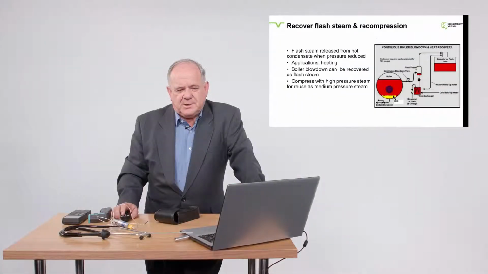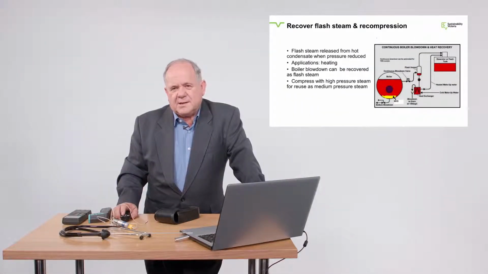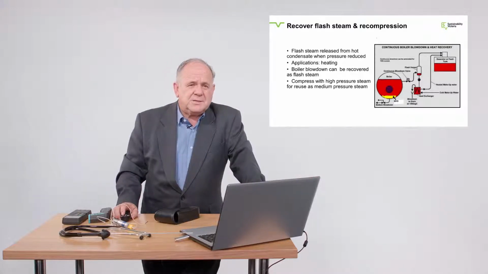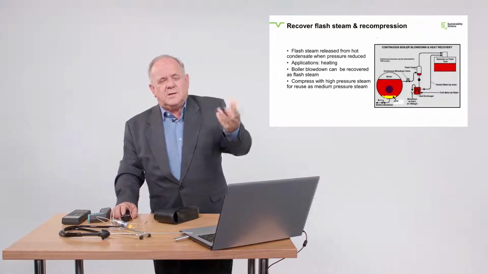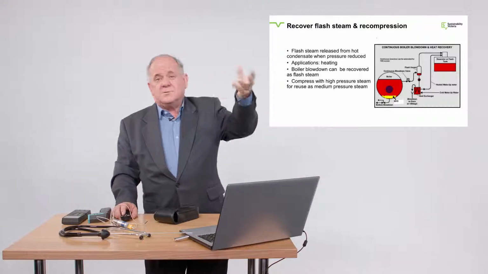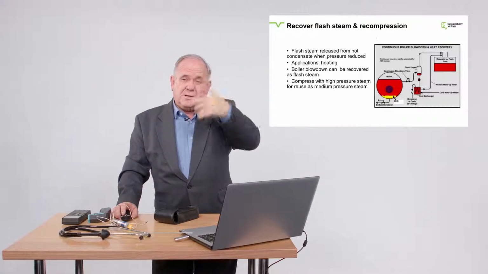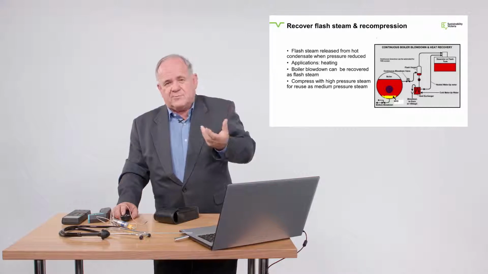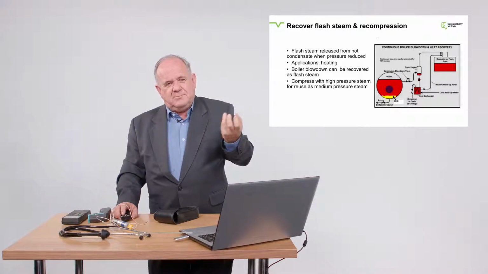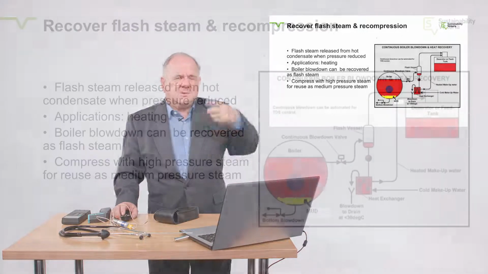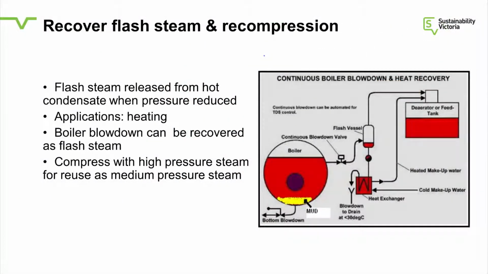Flash steam and recompression. As I said before, in a condensate tank you'll see a whole lot of flash, or in some processes where they do some work and they vent steam out of the system, you'll see low pressure steam. There's been a lot of work undertaken in recent times to recompress that steam and reuse it. So you use electric motors and pumps or thermal ejectors to compress the steam and reuse it. An example of that is in milk factories where they have big evaporators.